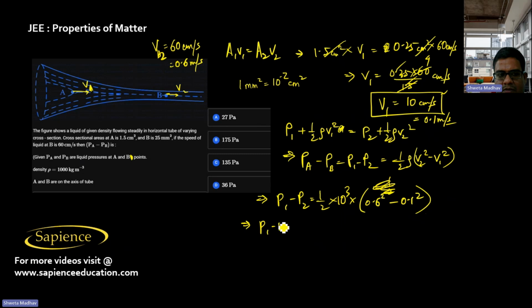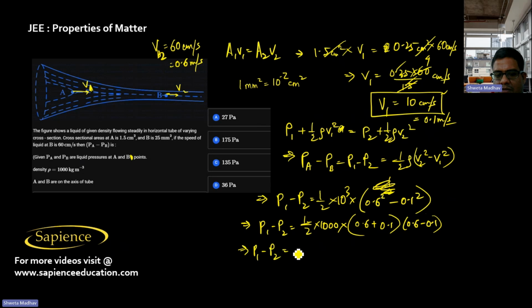So P1 minus P2 will be equal to 1000 by 2, that is 1 by 2 into 1000 into (0.6 plus 0.1) into (0.6 minus 0.1). So this is 0.7 and this is 0.5.